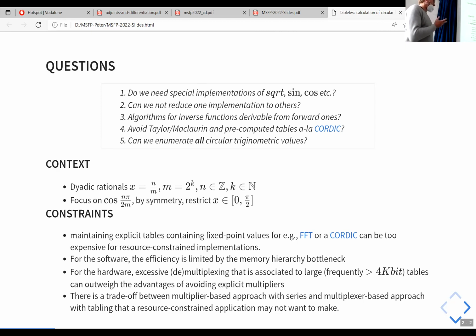And for hardware, that would be a really big multiplexer, because when you look at how algorithms are mapped to hardware, they don't know beforehand what value will be accessed, and they basically need to prepare for any access. This can be very, very expensive. So there's a kind of trade-off that we want to make, and I think by looking at tableless implementations of these functions, we can actually avoid it.